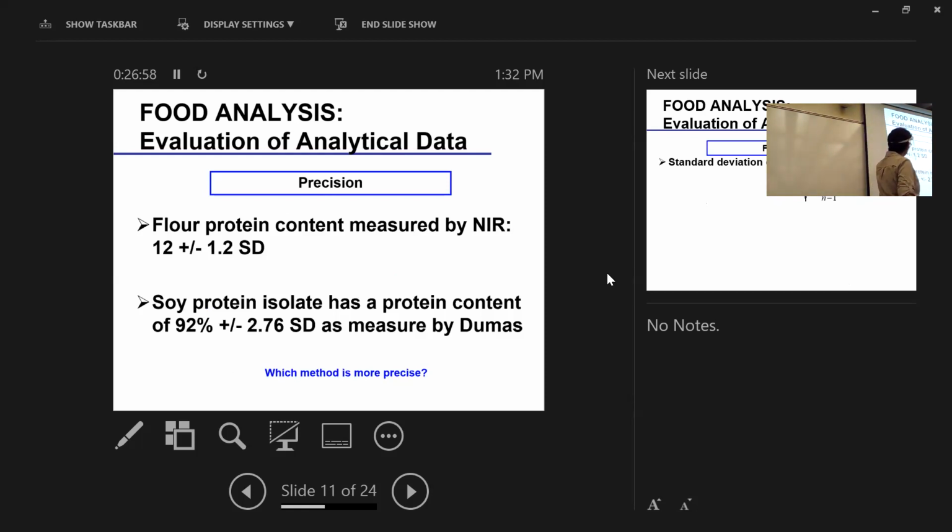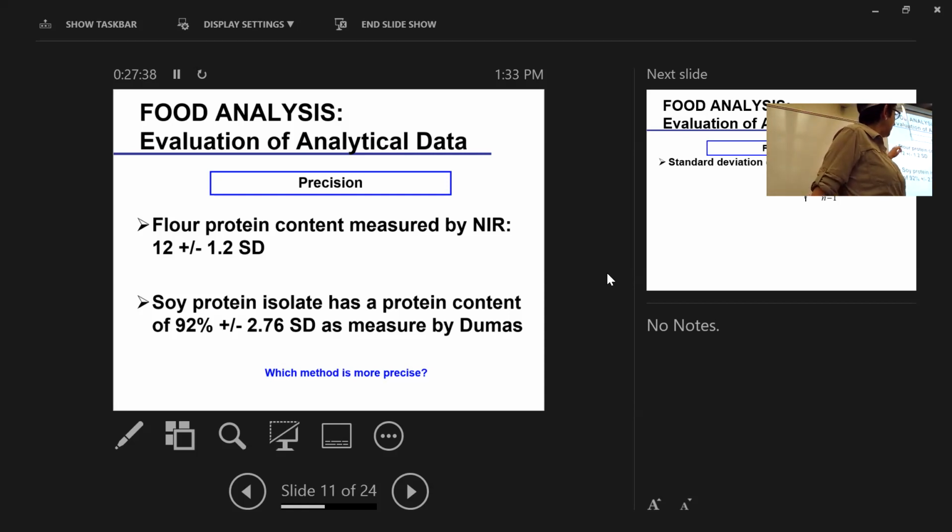I got a value of 12 plus or minus 1.2 standard deviation. Now I have another type of sample that has a much higher protein content. So here, the size of the mean is greater. I have 92%, and a standard deviation more than double. And we got the measurement using a nitrogen-based method, which is DUMAS. You'll learn about it in the proteins chapter.